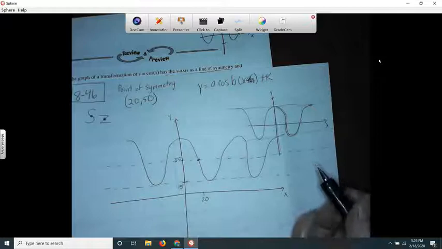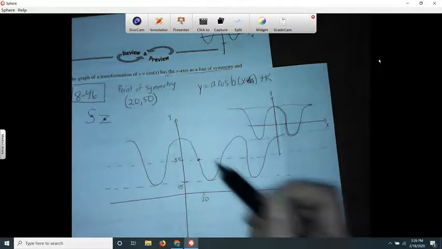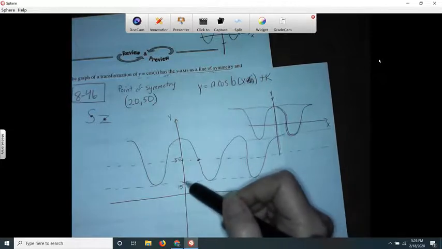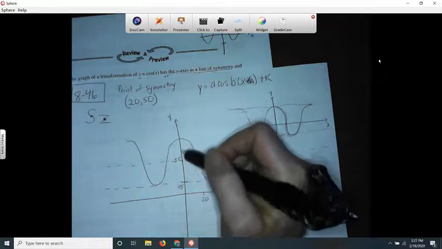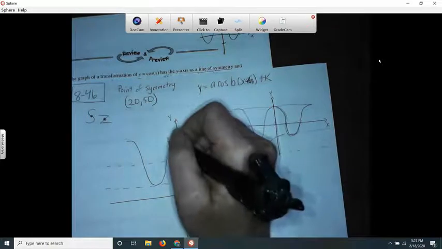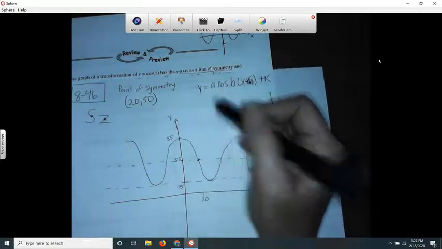And that kind of is going to help me unravel the whole rest of what's going on here. Now I know from 15 to 50, that's 35. And from 50, if I go up by 35, that gives me 85. So that means my amplitude here is 35.